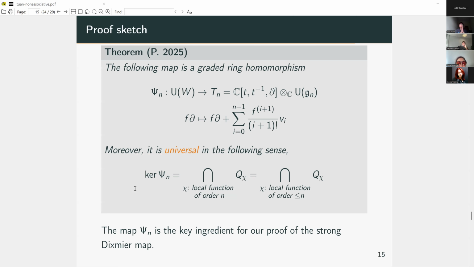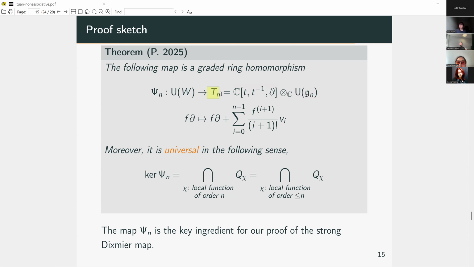This is the main idea in the proof: we managed to construct a graded ring homomorphism from U of W to this new ring, which is the tensor product of the Weyl algebra with the universal enveloping algebra of a finite dimensional algebra.